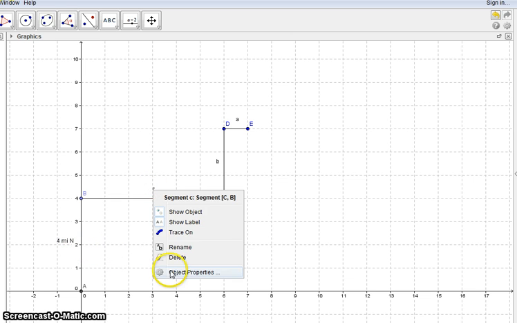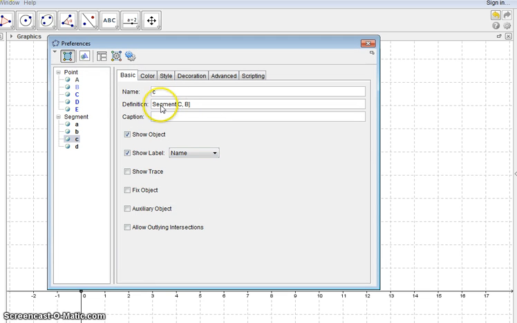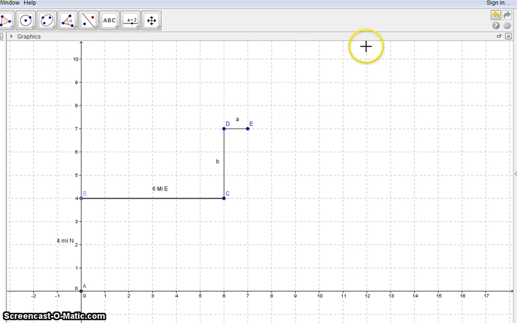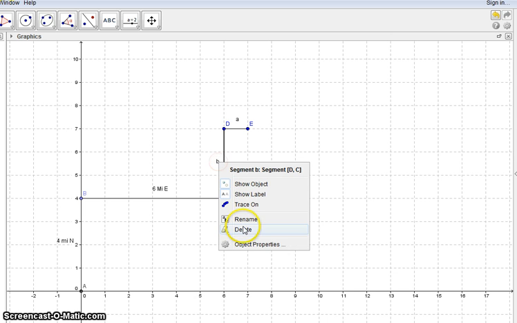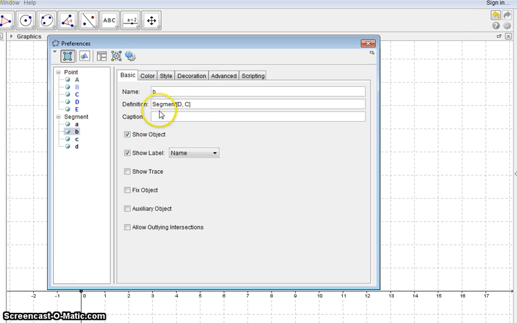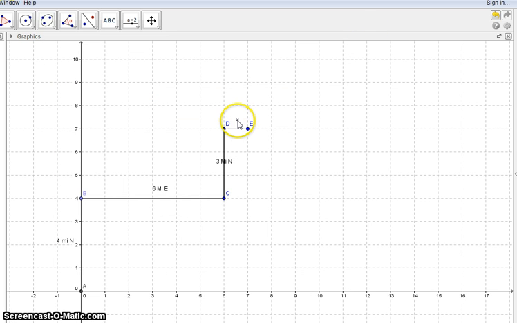This was the 6 miles east. This was the additional 3 miles north. And 1 more mile east.